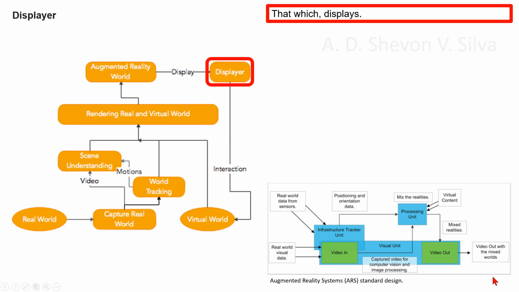The first augmented reality systems, ARS, were usually designed based on three main blocks, as illustrated in this figure: the infrastructure tracker unit, processing unit, and visual unit.